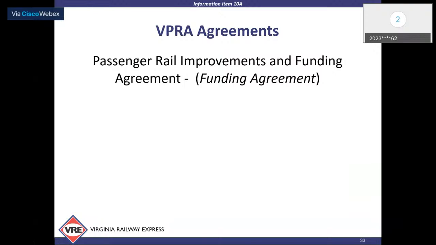But in the meantime, DRPT is continuing to act on behalf of the Rail Authority and continuing to move forward with the mission. So while this does refer to the Passenger Rail Authority, because that's how we have it drafted right now, essentially it is an agreement that's being negotiated between DRPT and VRE. So that's all I've got right now, but also happy to answer questions if there are any.